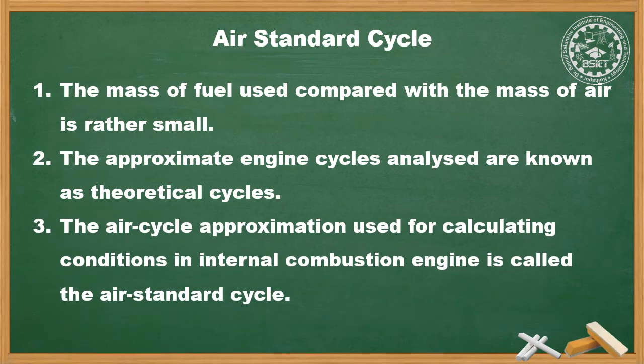The air cycle approximation used for calculating the conditions in an internal combustion engine is called the air standard cycle. In short, the conditions that are used to calculate the air cycle approximation in an internal combustion engine are called the air standard cycle.